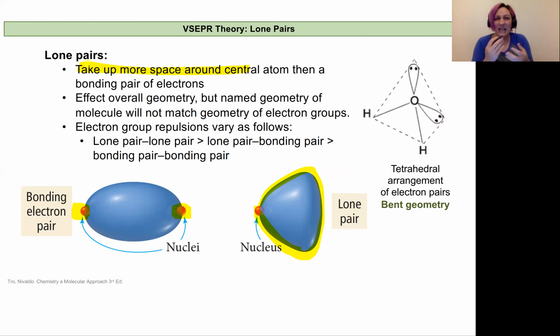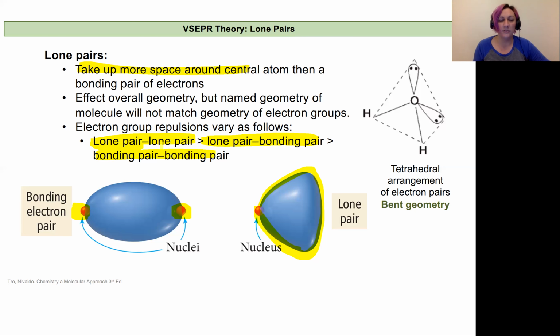And that's where this language of the electron group comes in: here's how we see the shape forms, but our name for the shape is going to be based on the atoms. So in terms of how electron group repulsions vary, we can say that lone pair repulsions are the largest. Then lone pair, bonding pair are the second largest, and bonding pair have the least repulsions because of the amount of space those electrons can occupy.